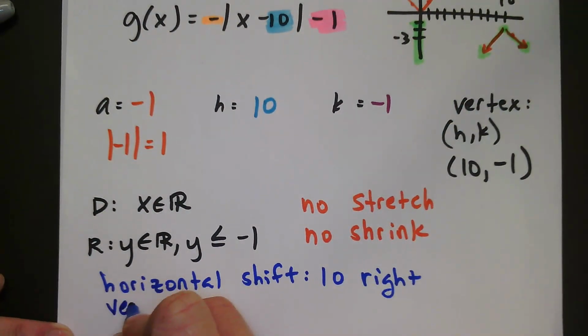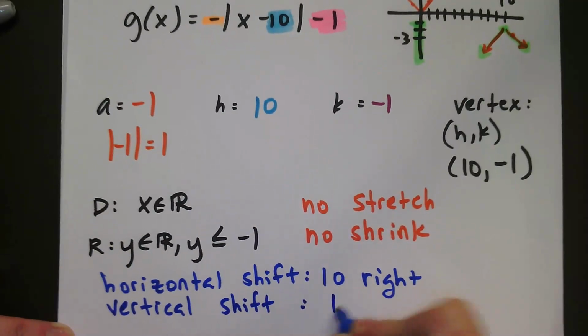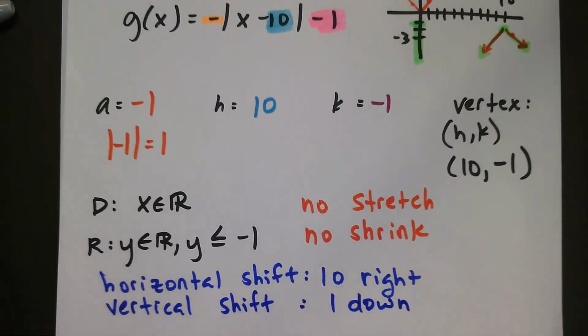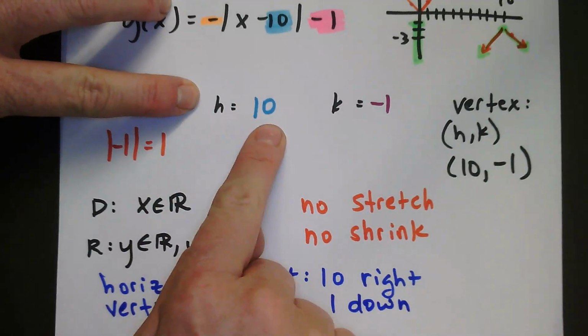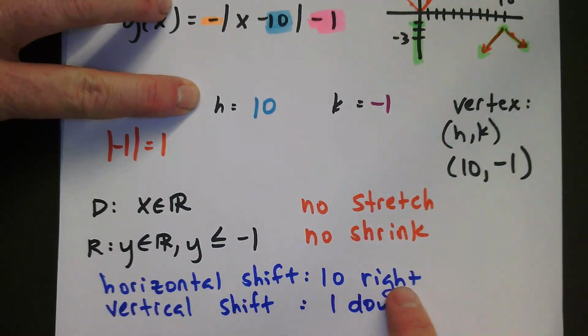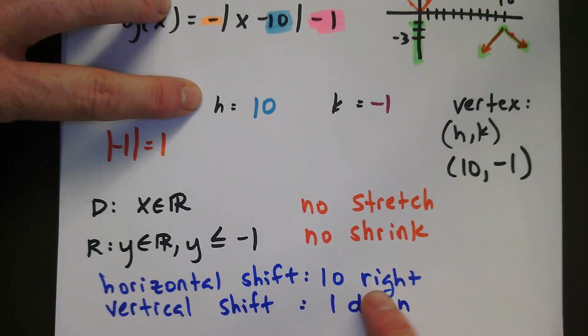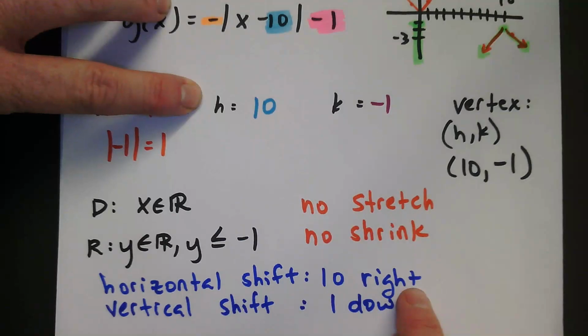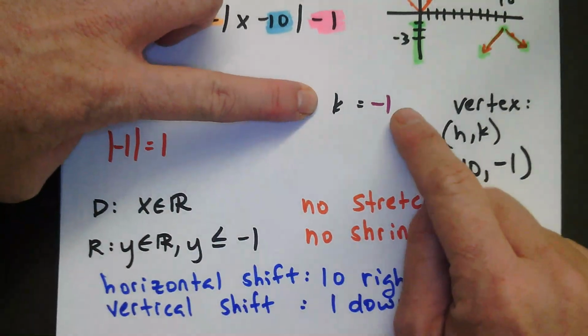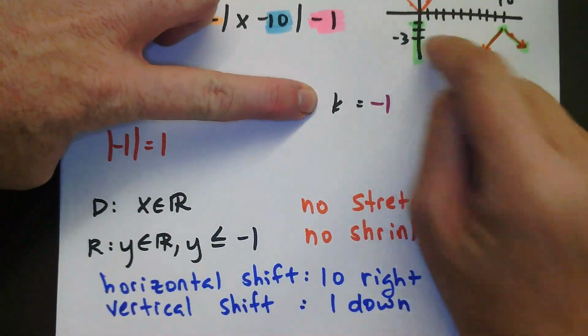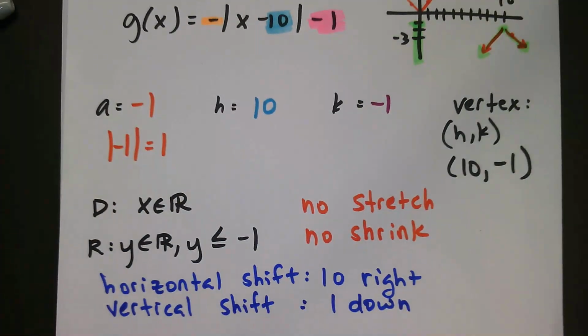So we're going to have a vertical shift, 1 down. And we can get that right from the h and the k values. h is 10, that's positive 10. That would mean 10 units right on the horizontal axis, the x-axis, in the positive direction. Our k value is -1. Negative is down, right? On the y-axis, we're going down 1.